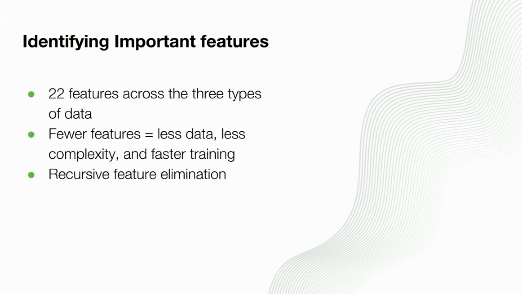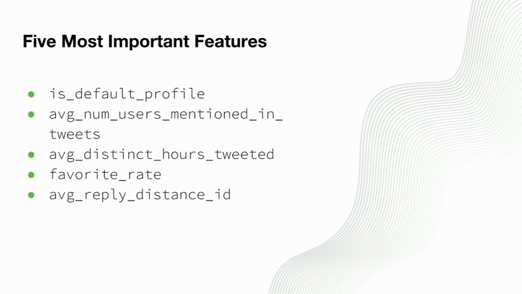Utilizing this approach, we found that these were the 5 most important features of those 22. Is an account a default profile? Those are those egg accounts that don't have a picture and have the default bio. Also, we looked at the average number of users mentioned in a tweet. So are they replying to tweets? Do they have tweets that just mention other users? Then we looked at the average number of distinct hours tweeted in a day.